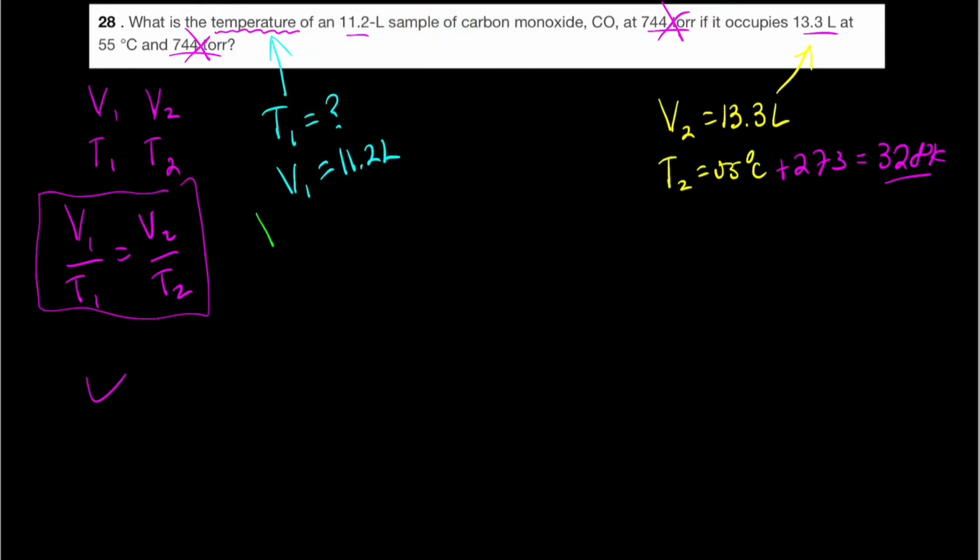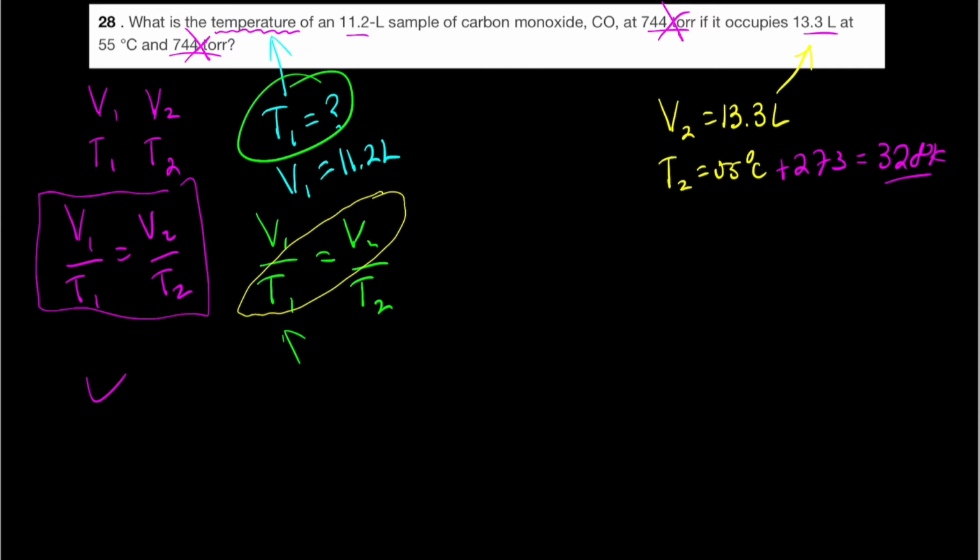We have V1 over T1 is equal to V2 over T2, and what we want to solve for is T1. I use a technique that I learned way back in elementary school, called cross multiplication. I'm going to multiply this diagonal, which gives T1 times V2 is equal to V1 times T2.